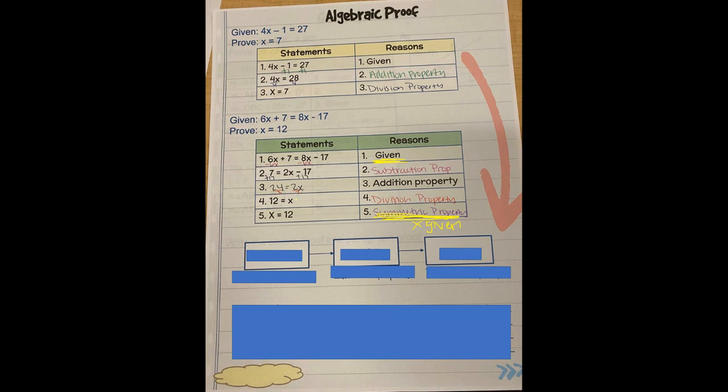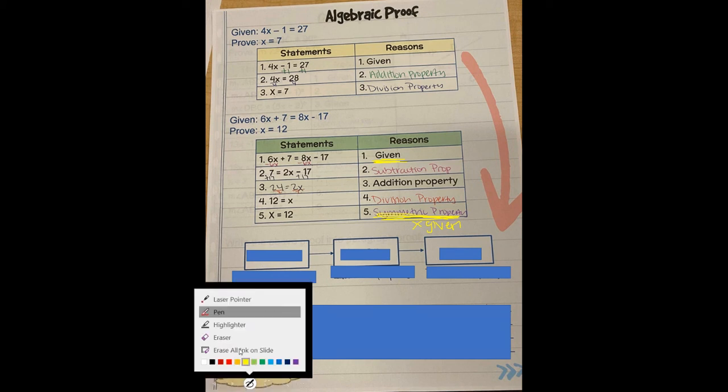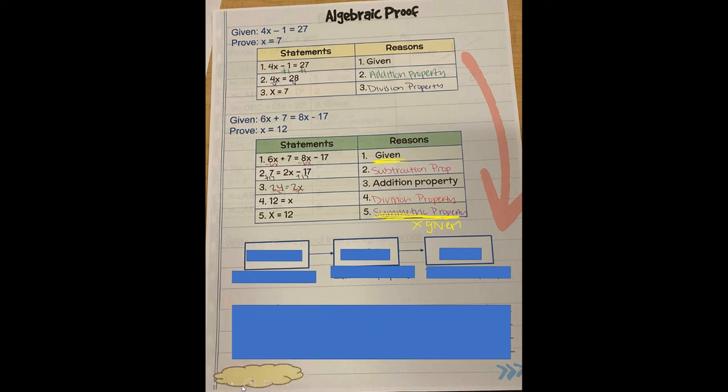Let's put this first one into our flow chart. I did say that we're mostly going to be using our two columns, but I want to look at this flow chart and see what we can come up with. Remember, in the boxes is the statements up here on the left, and then underneath we'll put the reasons.